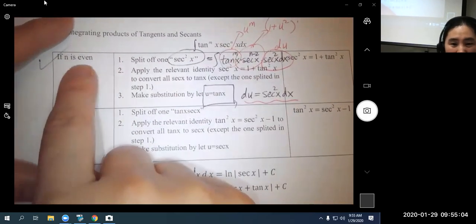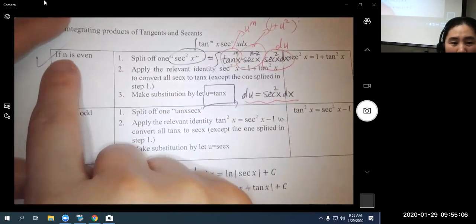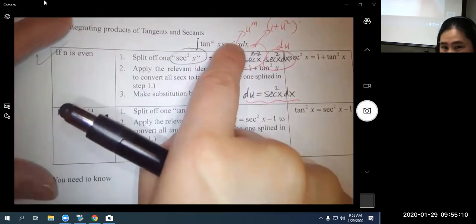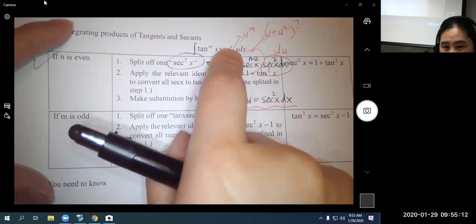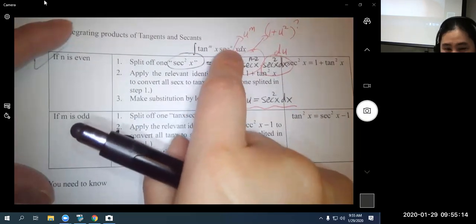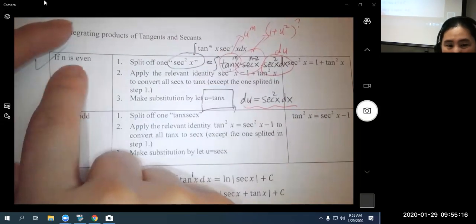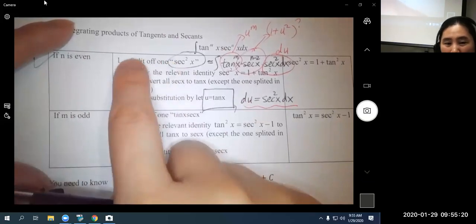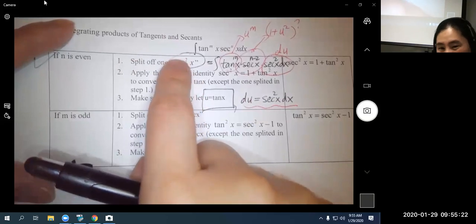Last time we talked about when the power of secant is even, meaning n is even. What we can do is split off a secant x squared.